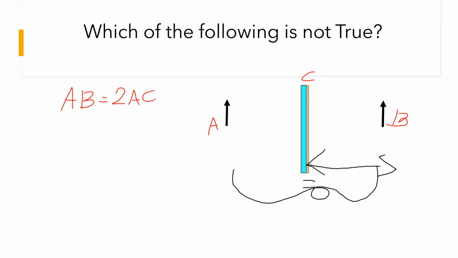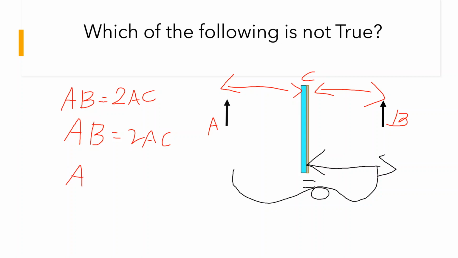If it is false, then we can pick that option. So AB is equal to 2AC, is that true? Yes, obviously, because we know AC is equal to BC.